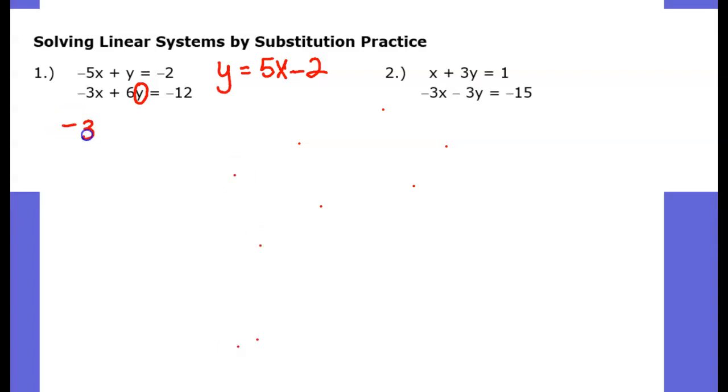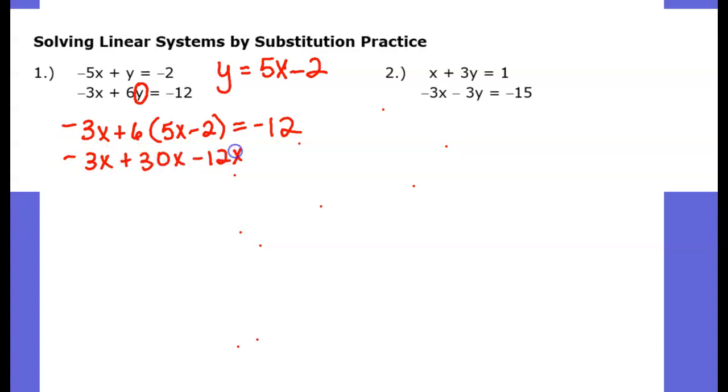So I'm going to rewrite that second equation. All right, notice instead of a y, I now have that 5x minus 2. I'm going to distribute. All right, and I'm going to combine my like terms. Oops, that should be minus.